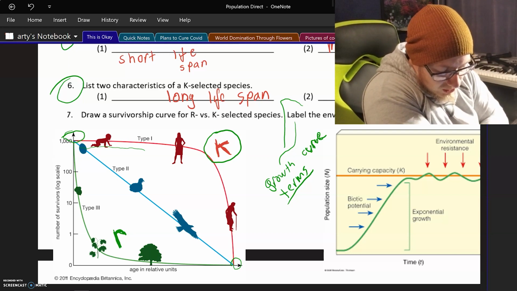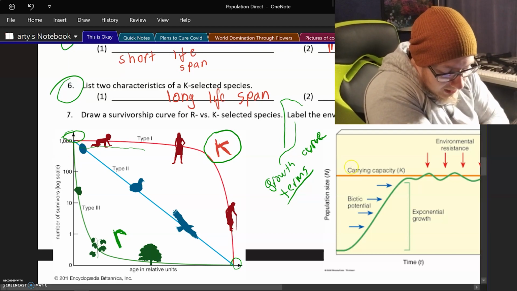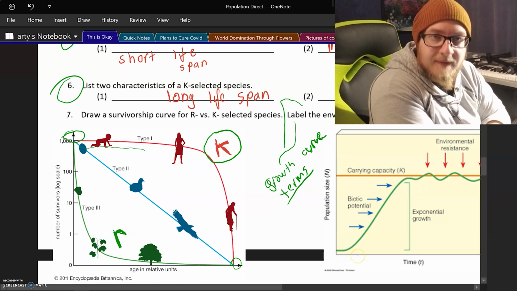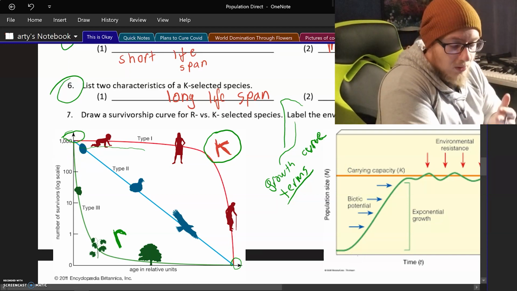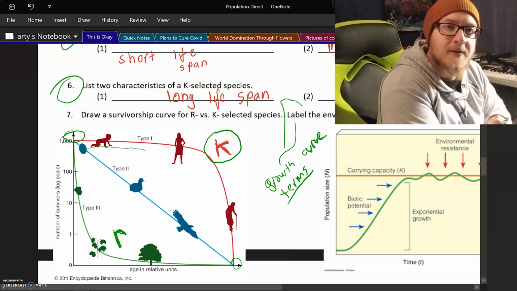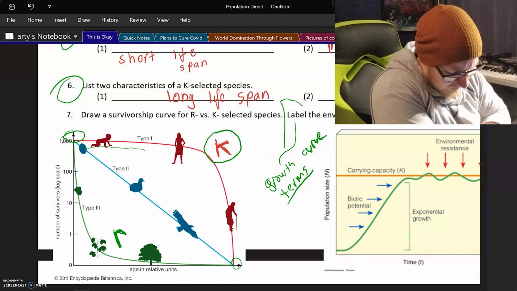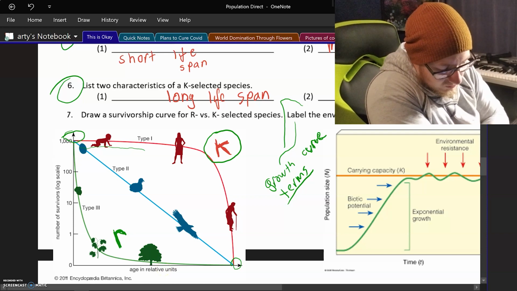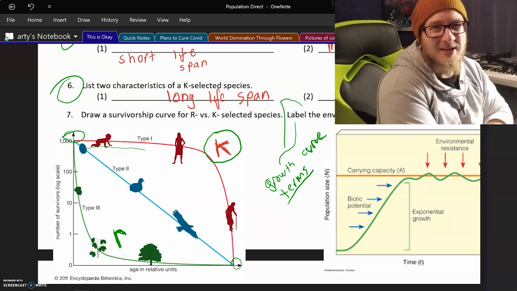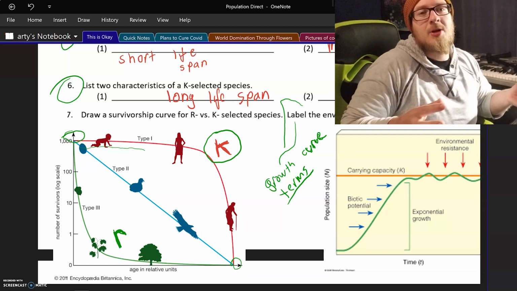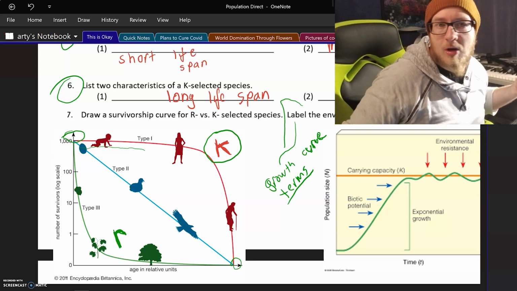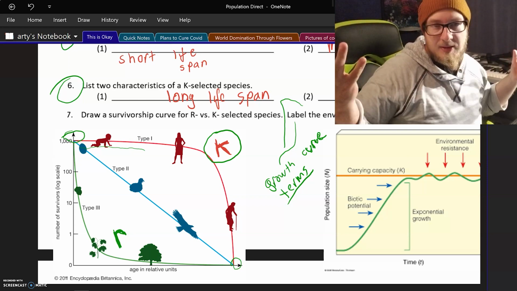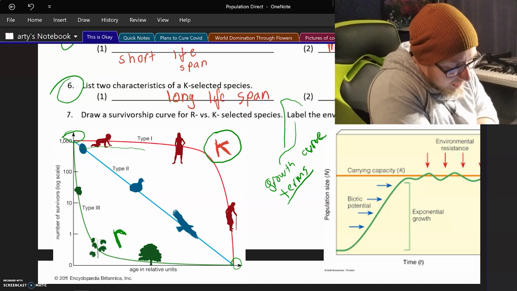R-selected species are the opposite. You have really high death rates early on in life, huge amounts of death very early on, but then some number manage to survive to old age, though not nearly as many are born. And then there's this weird type 2. Type 2 is like your chance of death is pretty much equal no matter where you are in life. That's really what it means.